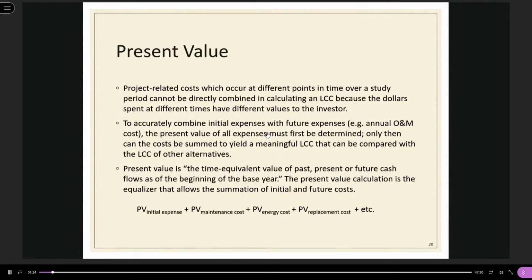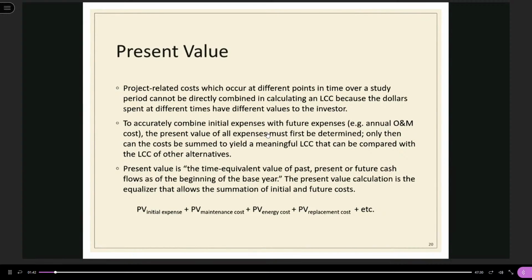Project-related costs which occur at different points in time over a study period cannot be directly combined in calculating a life cycle cost, because the dollars spent at different times have different values to the investor.